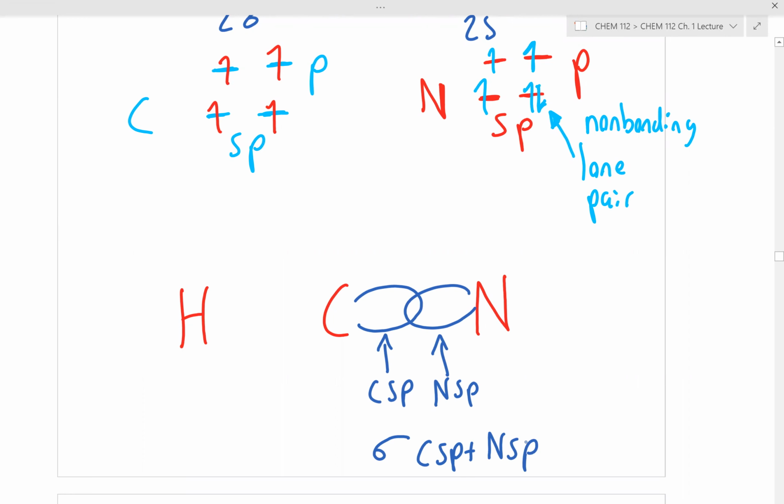Okay. What is the other sp orbital in nitrogen being used for? A lone pair. Exactly. So this lone pair is in a nitrogen sp orbital. And would you think that would affect the energy of that lone pair?